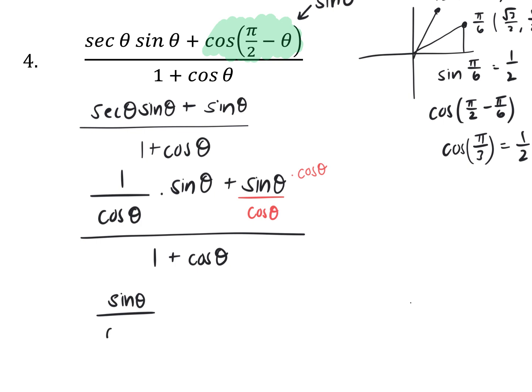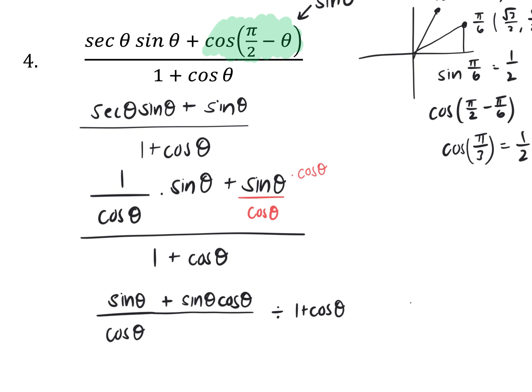But then I've got plus sine theta cosine theta. So that's my numerator. And then I'm going to rewrite it like this. I'm dividing by 1 plus cosine of theta.